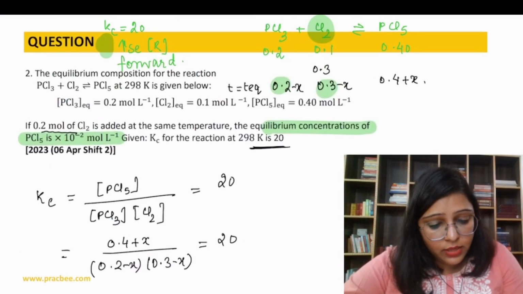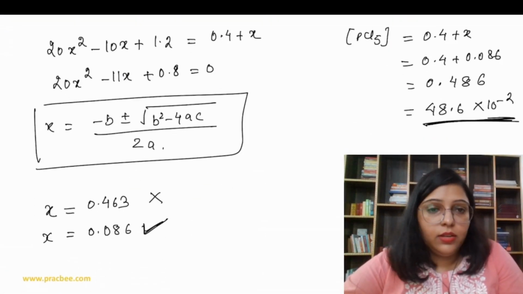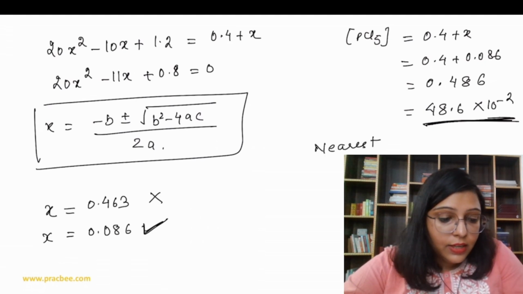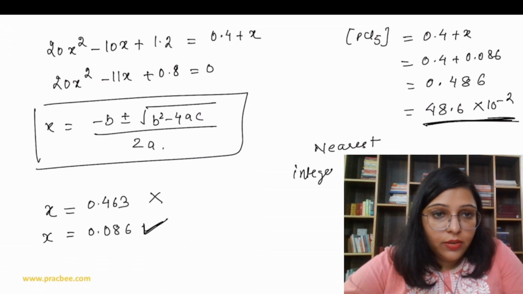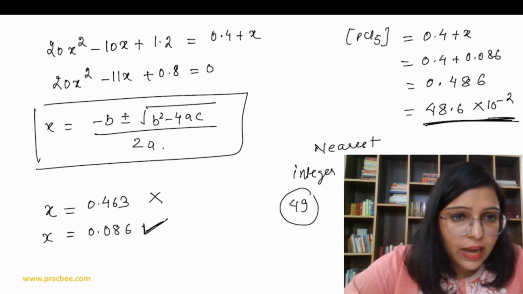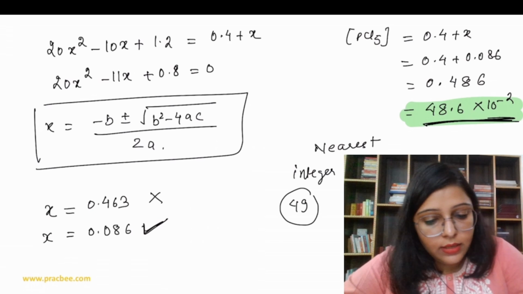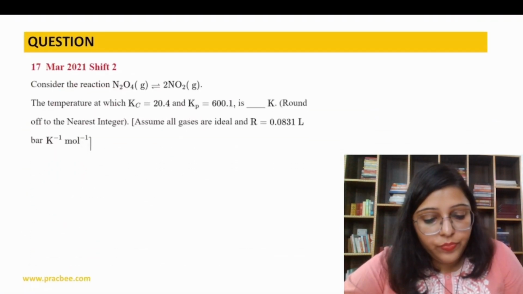If we have to report the answer in the nearest integer, it is going to be 49. But we have the options for this question, so the answer is this. Okay, that's it. Now let's do the next question.